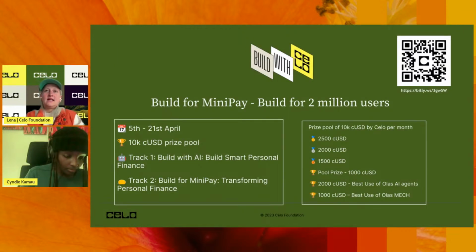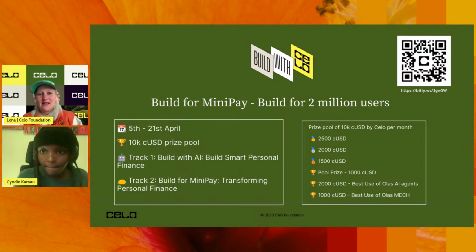So just some key data about the hackathon. The hackathon will kick off tomorrow. So you have an end on the 21st of April. So you will have 3 weekends to build. And of course, the week between, but we also understand that you might be busy working. We have a prize pool of 10K CUSD. And we have 2 tracks.